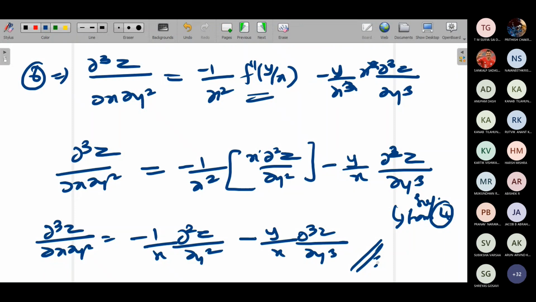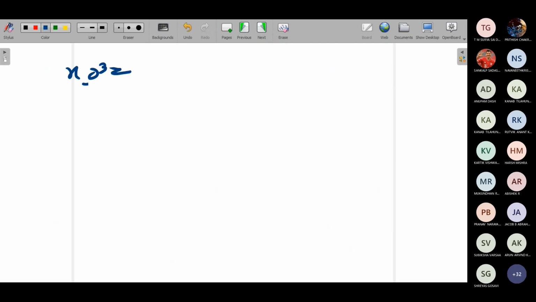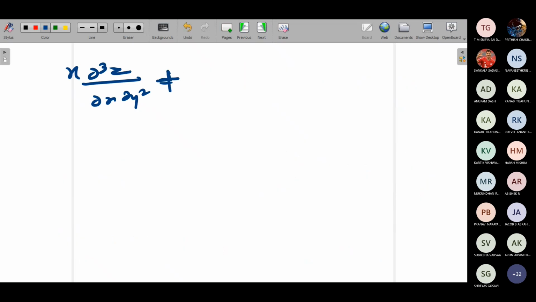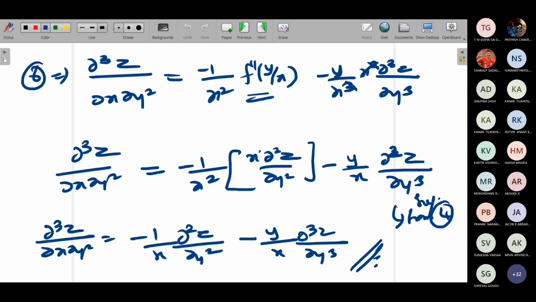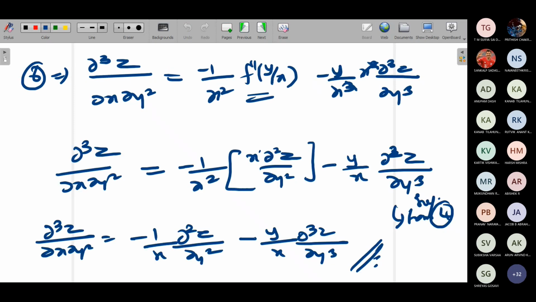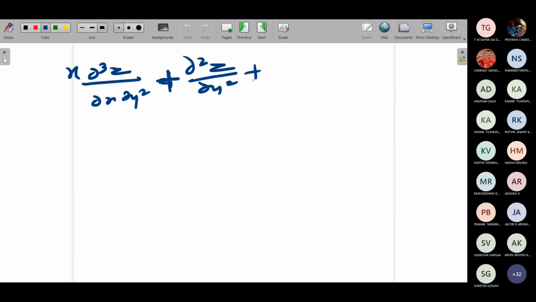Is it clear? Or if you take the terms to that side, you get x into ∂³z by ∂x ∂y² plus ∂²z by ∂y² plus y into ∂³z by ∂y³ equal to 0.